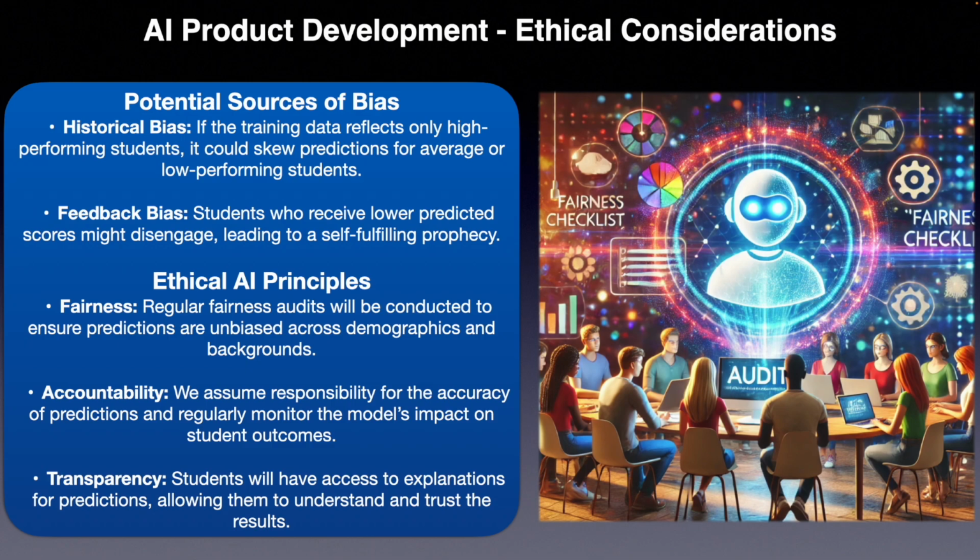As for transparency, students will have access to explanations of the predictions, allowing them to understand and trust the results, and the predictions would come with a confidence interval rather than being absolute. Those are the things to consider by default when developing a product like the one I've chosen.